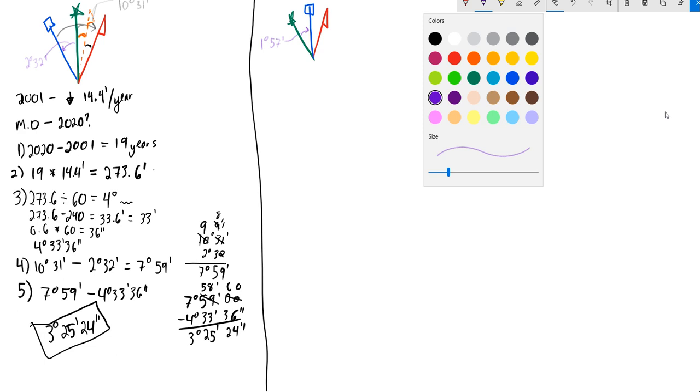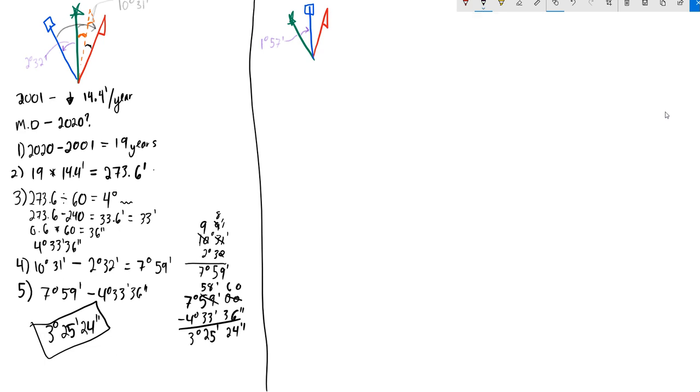And then I got, not orange, black. Then my original grid declination goes from grid north to magnetic north. And let's say that is 2 degrees 10 minutes. Okay.